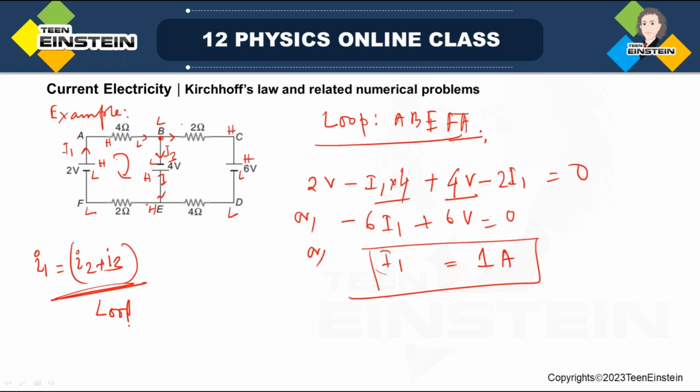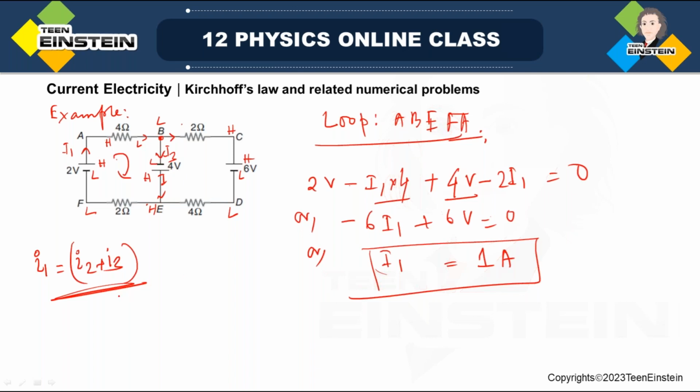Loop 2. So loop 2 is the one that is BCDH. BCDH. This is it.